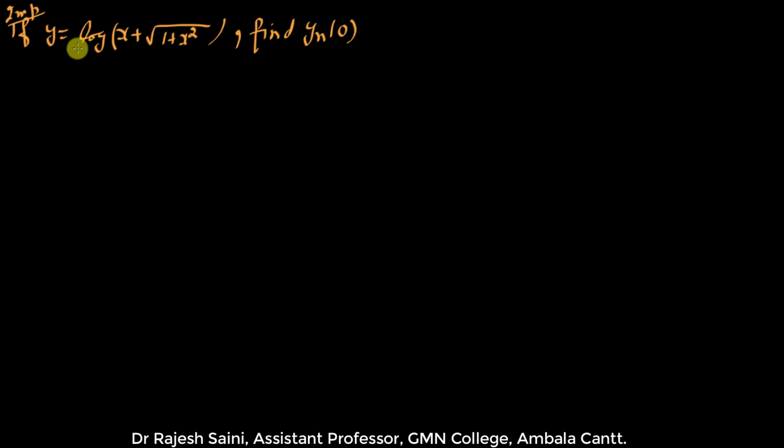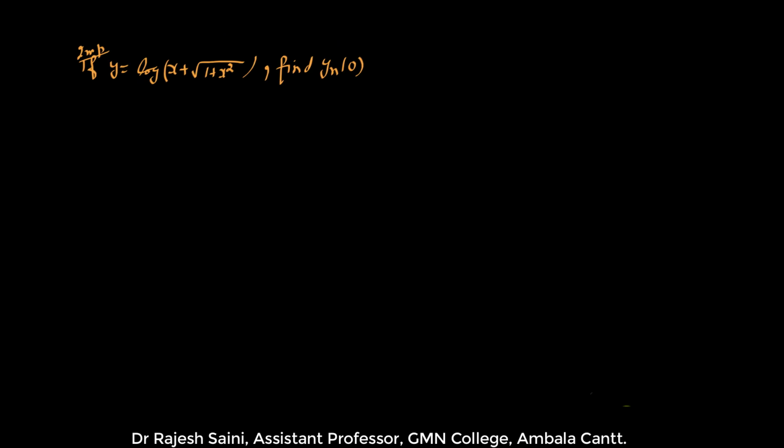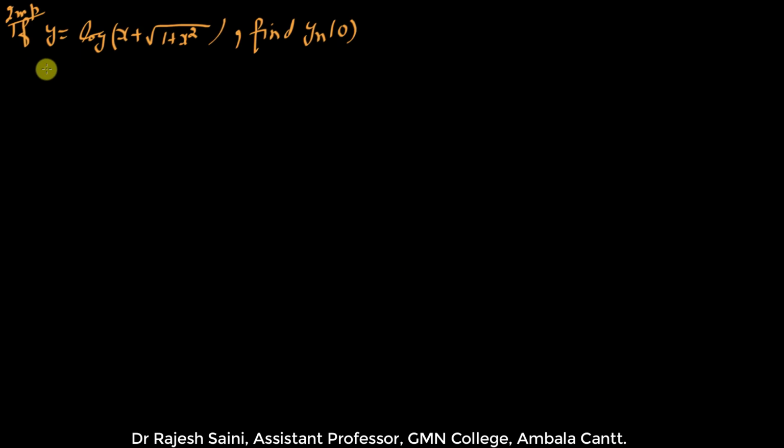So as of now we don't know any nth order derivative of this given function, so we have no option other than differentiating both sides. So what we will get? We will get y1 is equal to differentiation of log, which will be 1 by x plus root 1 plus x square into, now this log has been taken into consideration.